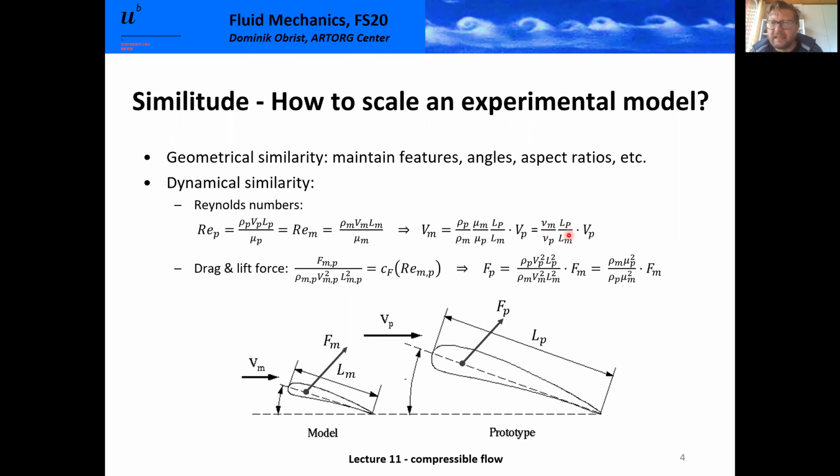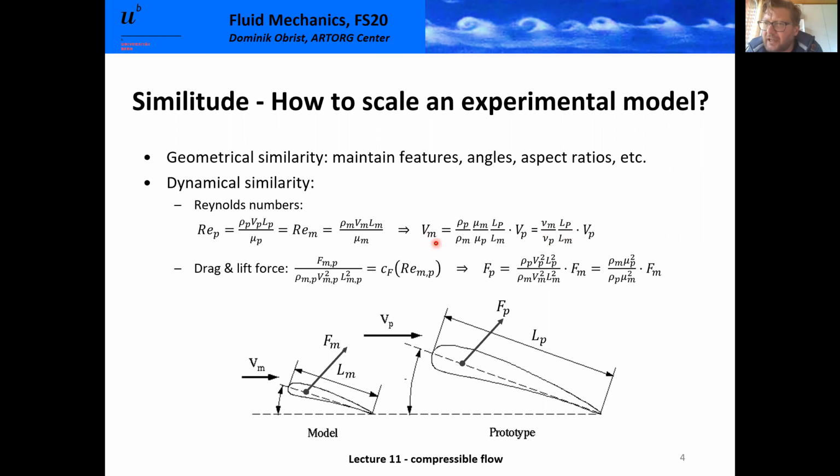So let's say if we make the model 10 times smaller, and we use the same fluid, we use air in both cases, well, then we need to go 10 times faster, right? And that's not necessarily easy.